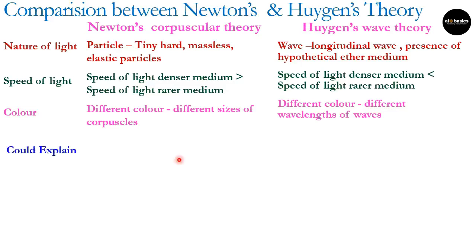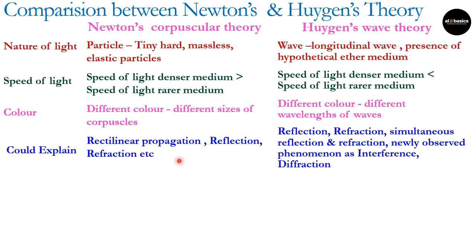Next, what could Newton's theory explain? Newton's theory could explain rectilinear propagation, reflection, refraction. These are the phenomena known at that time. And what did Huygens explain? Huygens explained reflection, refraction, simultaneous reflection and refraction.